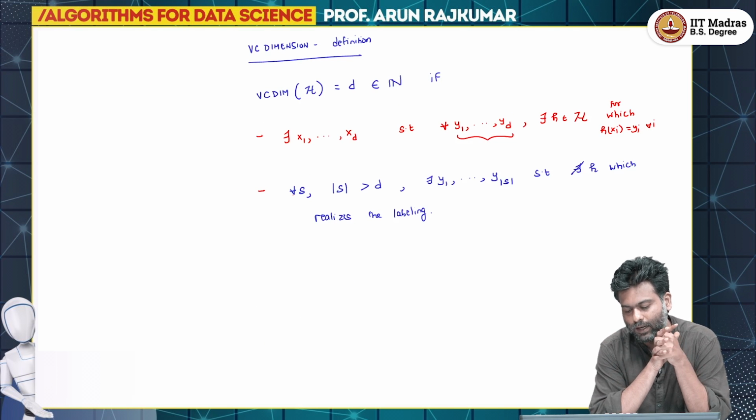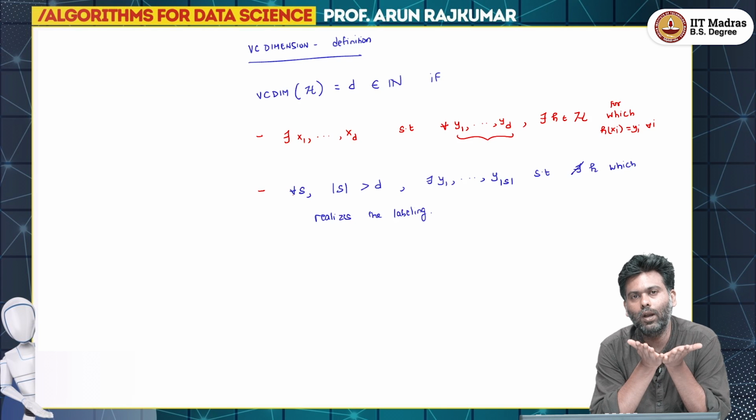Let us look at the second condition again. It says that for all data sets which have size greater than d, however intelligent you are, if you produce a data set greater than size d, then I have a winning strategy.